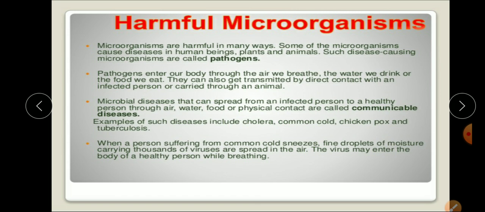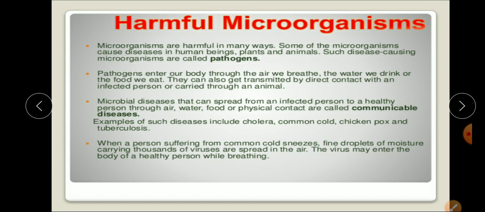So a microbial disease that can spread from an infected person to a healthy person through air, water, food, or physical contact is called a communicable disease. What are they called?